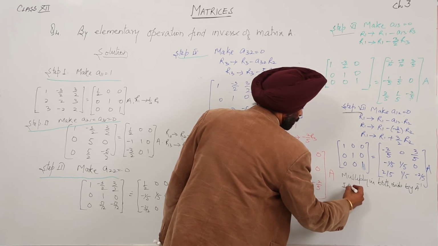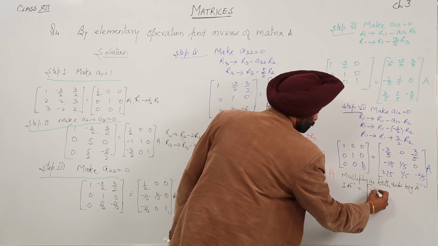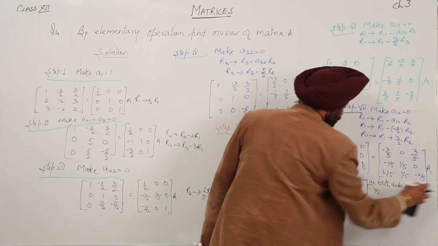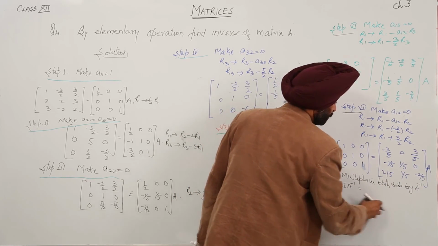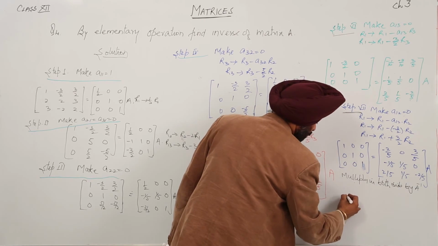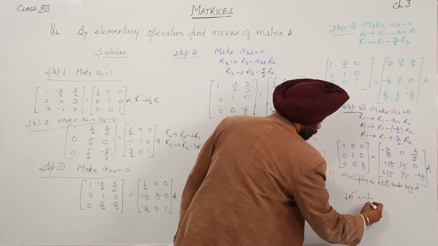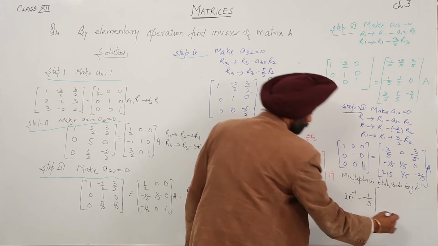Now I into A inverse is equal to minus 1 by 5, we are taking common.